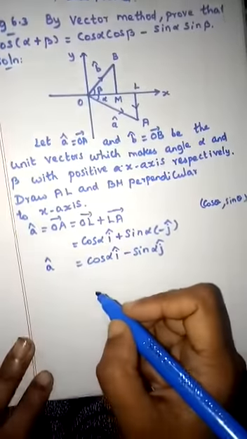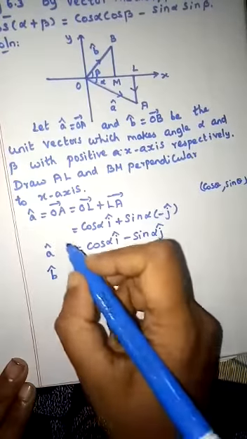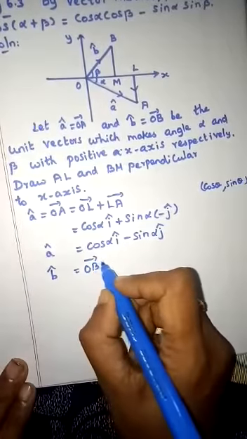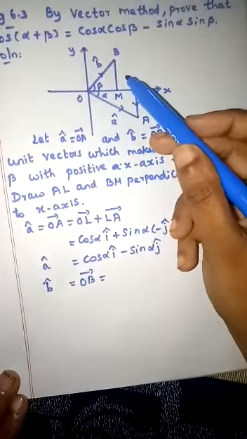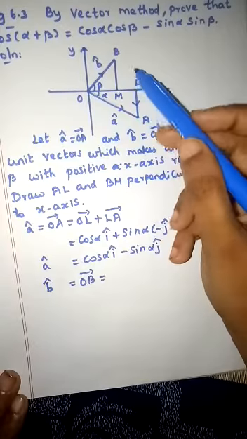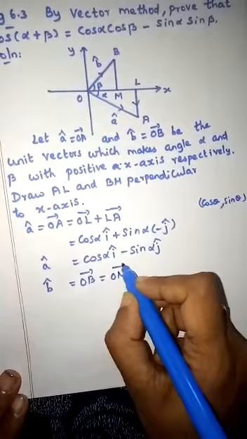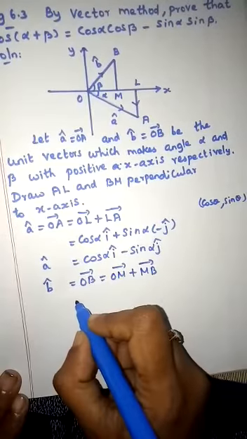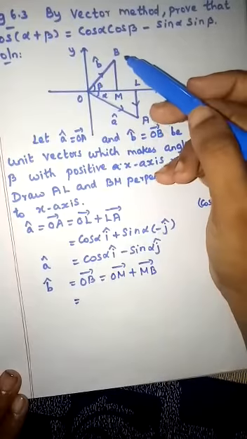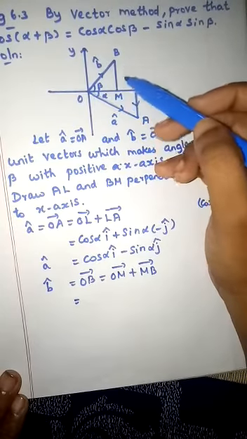Same way we are going to write B cap. It is OB vector. From O to B I have to go. How can I go? From O to M, then M to B. So OM vector plus MB vector. For this point B, the x value will be cos and the y value will be sin.